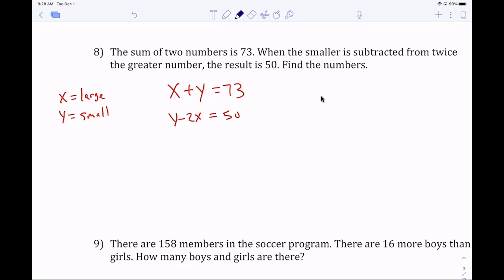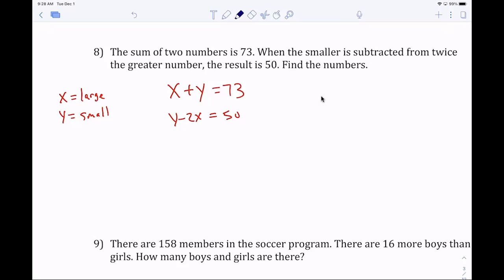And the smaller is what? y, right? So it should be 2x minus y. I'm trying to tell everybody. All right, does everybody understand? I can't show you how to do that. You have to be able to read that. You have to get that from the reading.